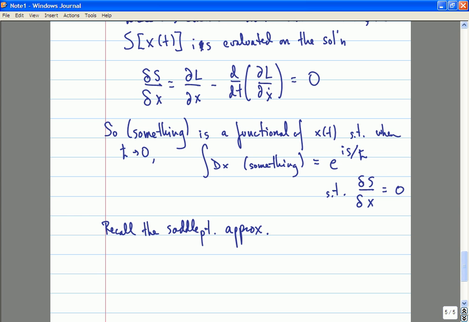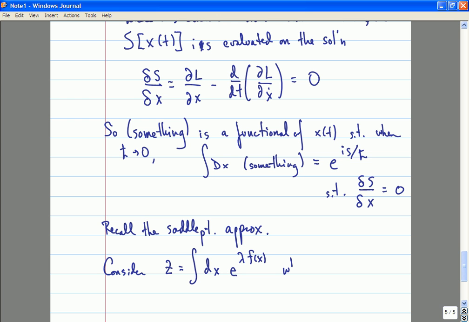So, before trying to understand saddle point approximations to infinite dimensional path integrals, consider the simpler case of a one-dimensional integral. Let's consider an integral. I'll call it z, which is an integral dx, where now x is just a one-dimensional variable, of some function e to the lambda f of x, where f of x is some function.